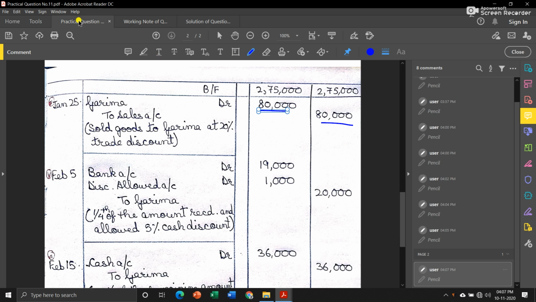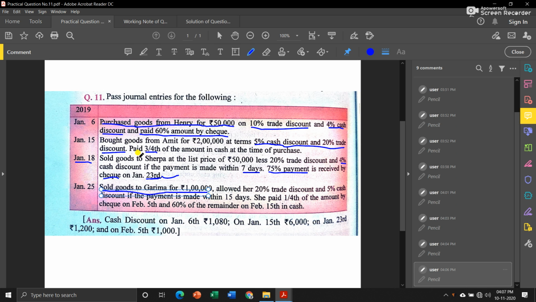Now let us see the next part of the question. We put one condition: if she makes payment within 15 days from January 25, then we will give her 5% cash discount. And she paid 1/4 of the amount by check on February 5th.